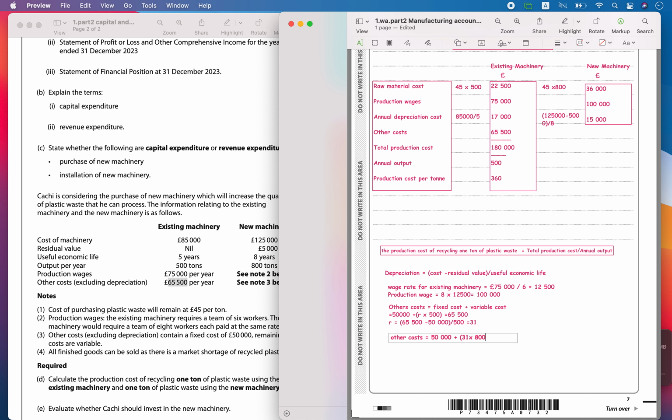So 50,000 plus 31 times 800, that is 74,800. So the other cost for the new machinery will now be 74,800.